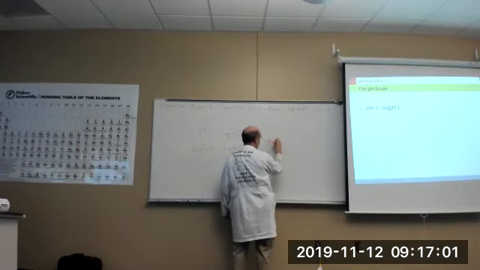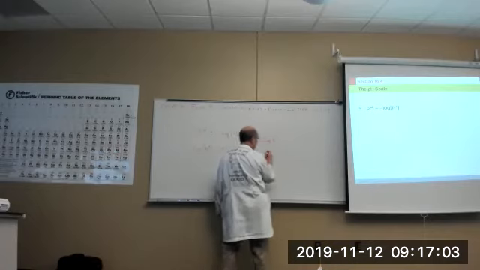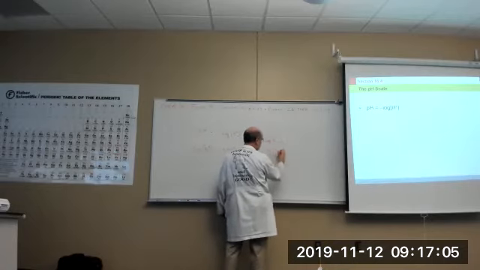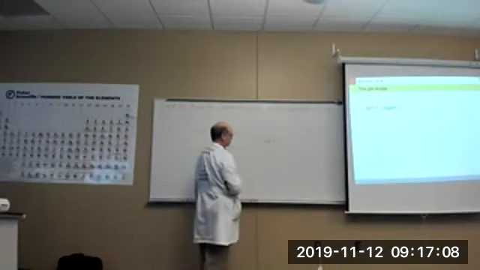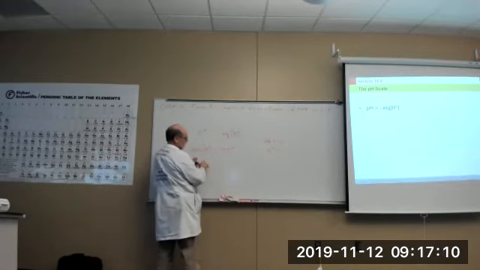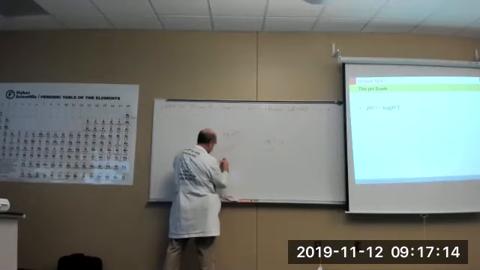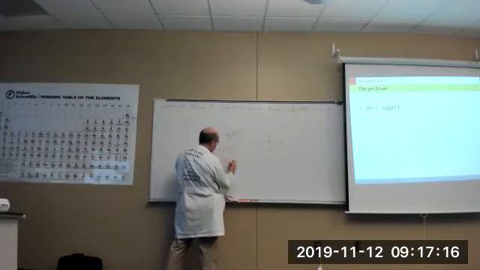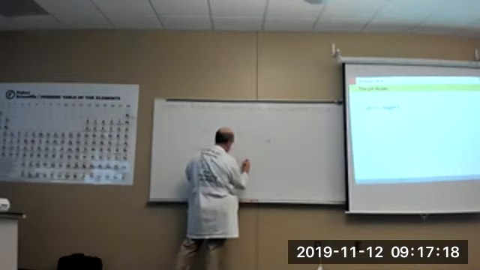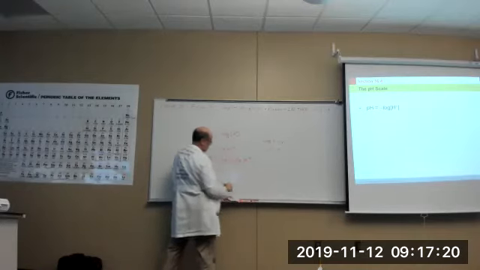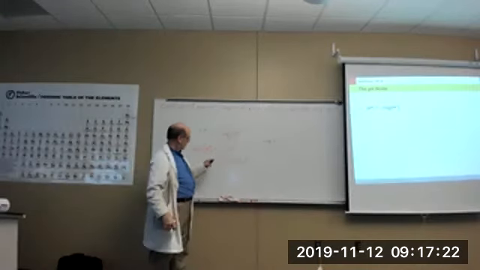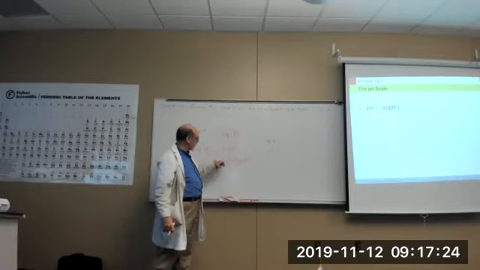The log of x equals y means 10 to the y equals x. So if we take the log of this value, we're saying the log of 1 plus the log of 10 to the minus 7, right? That's the way logs work. Once you take the log of a product, you get a summation.